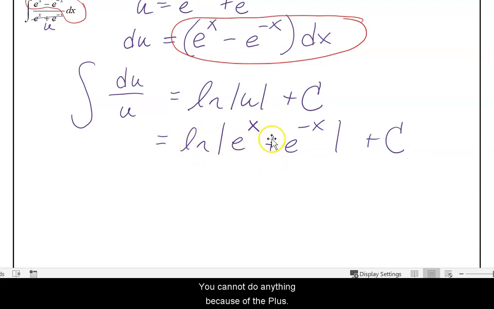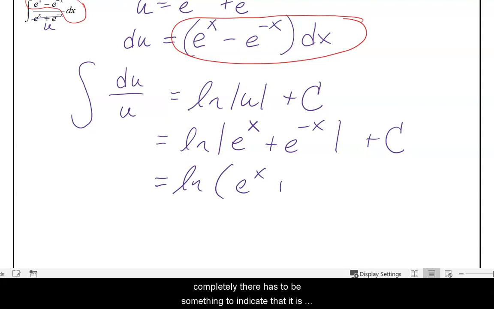You cannot do anything because of the plus. You could, if you wanted, drop the absolute values and enclose it in parentheses, but you cannot drop them completely. There has to be something to indicate that it is the sum of those two terms that's the argument to natural log. There's nothing you can do to simplify this further.